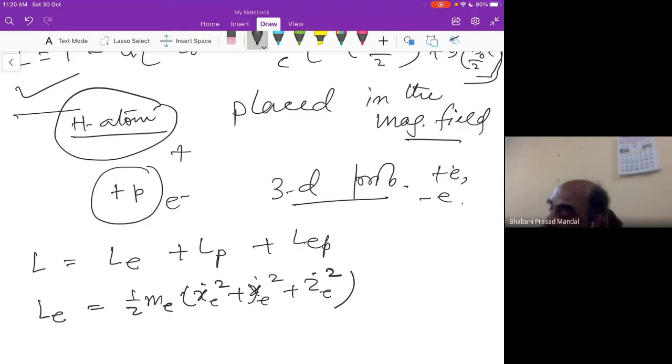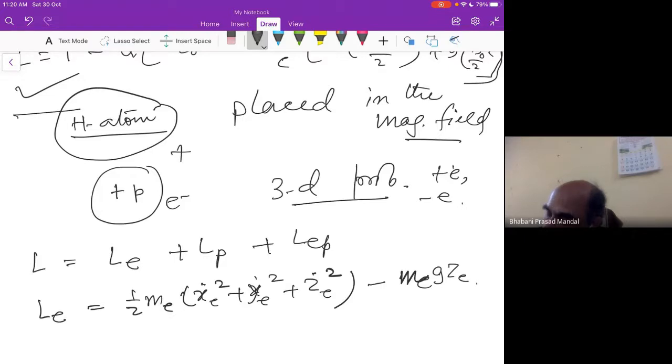Of course, when you consider the 3D problem, one of the directions will be vertical. So let us consider the z direction is vertical. So m_e g z_e will be its potential energy.